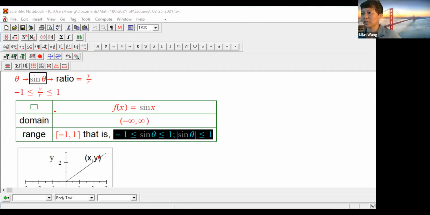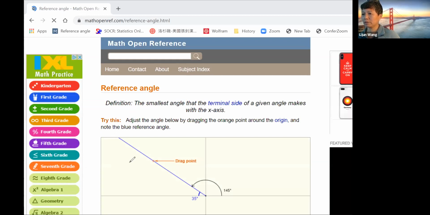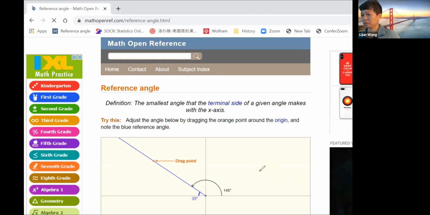Let me share that page with you right here. You see these pages, actually they're still working on it. I'm really glad to see these links.